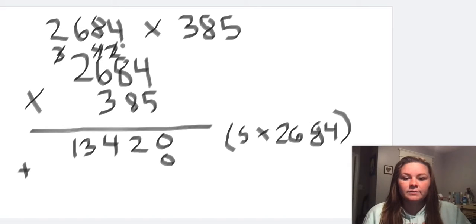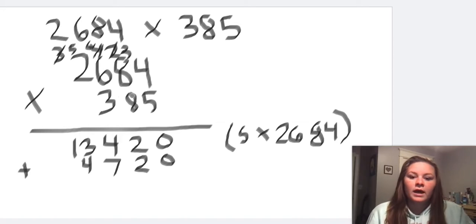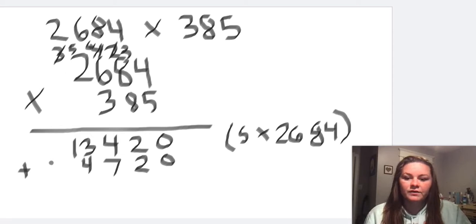So now I'm going to say 8 times 4 is 32. 8 times 8 is 64, plus 3, 67. 8 times 6 is 48, plus 6 is 54. 8 times 2 is 16, plus 5 is 21. Okay, so that's my second partial product, and really that is just 80 times 2,684.